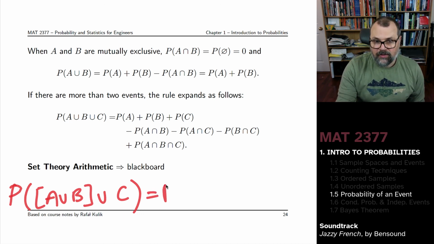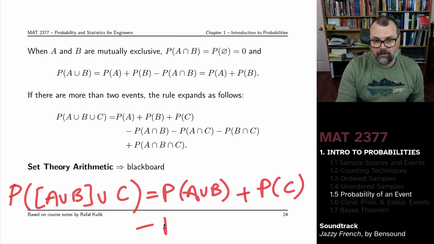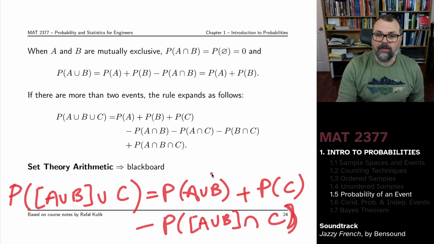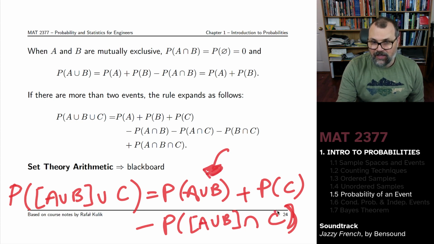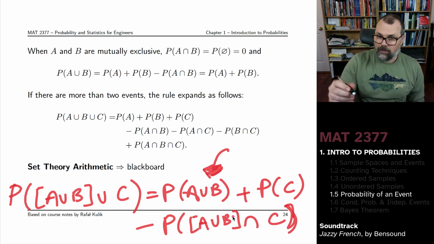The probability of the first term, A union B, plus the probability of the second term, C, minus the probability of the intersection of A union B together with C. And then you can reapply the rule to this one. And here you can rewrite this as A intersection C union B intersection C, and then you reapply the rule to each of those.